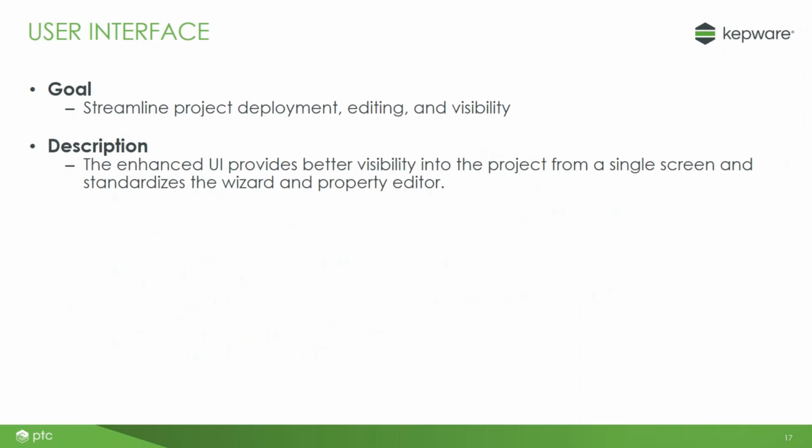In addition to making these changes on the underlying architecture, we also made a number of user interface changes. These changes really streamlined the ability to configure and deploy the server and to interact with the server and understand what's configured and what's going on.